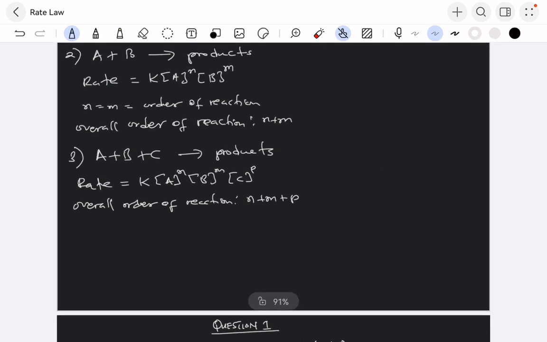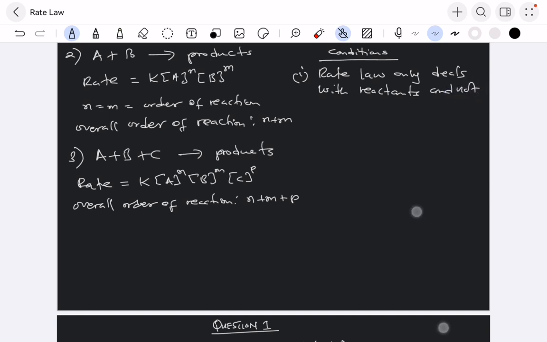Now, for us to look at rate law or to determine rate law, there are certain important conditions that we need to observe or respect. One of those conditions is that rate law only deals with reactants and not products.